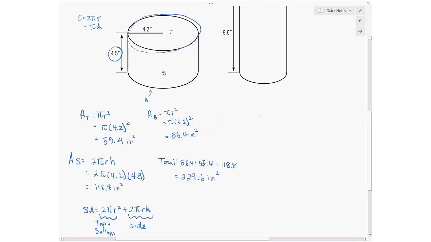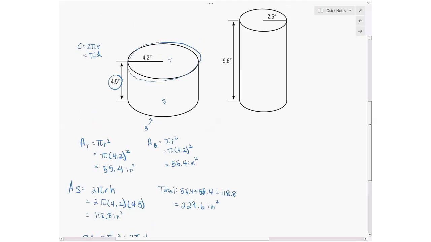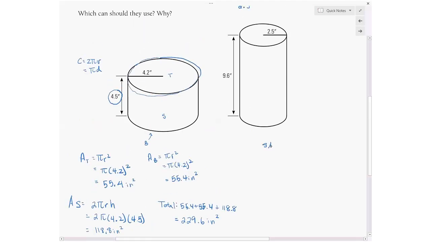So let's use that formula now for this cylinder. The surface area here is equal to 2 pi r squared plus 2 pi rh. So 2 pi, the radius is 2.5 squared plus 2 pi, 2.5 times 9.6. So 2 times pi times 2.5 squared.